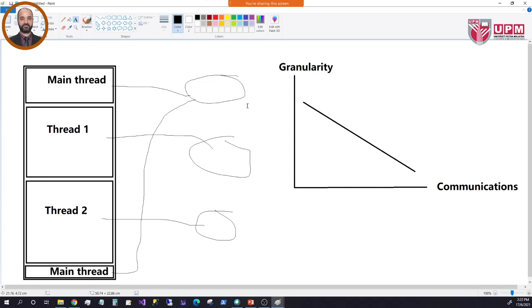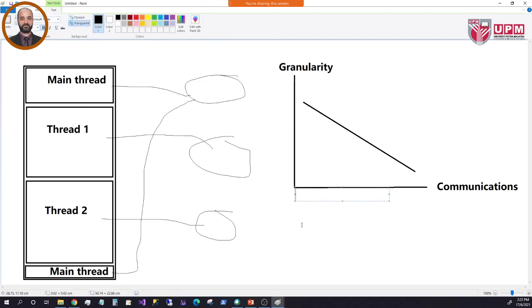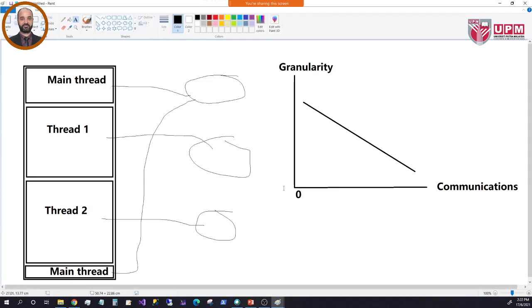So let us make this 0 here, and this one actually is not 0, it's going to 0.